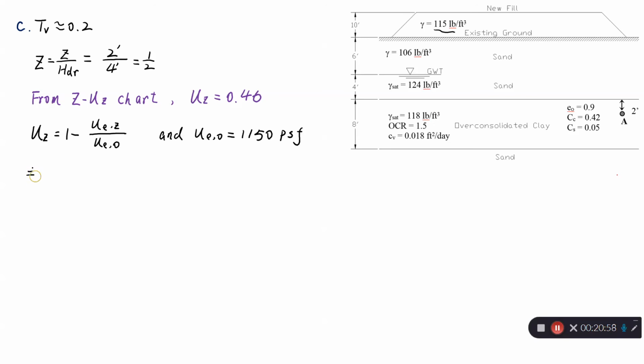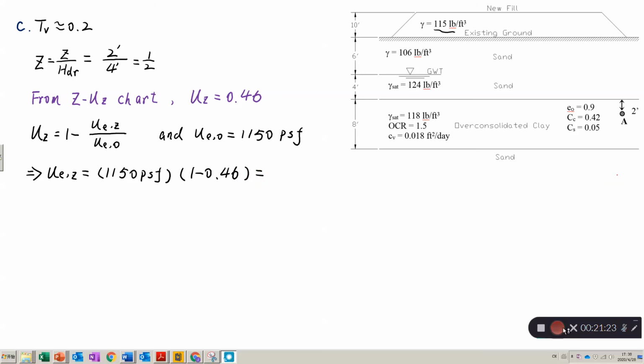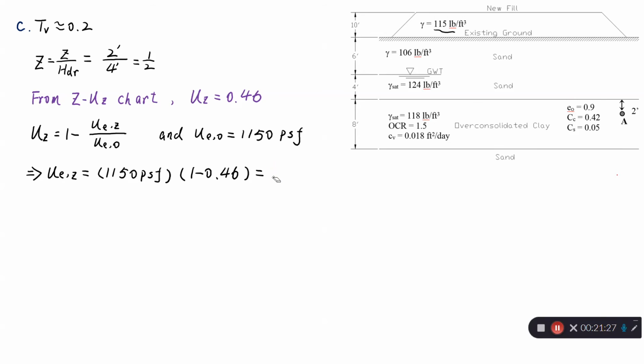So from there I can calculate my U_EZ equals U_E naught times 1 minus 0.46, and that equals 621.